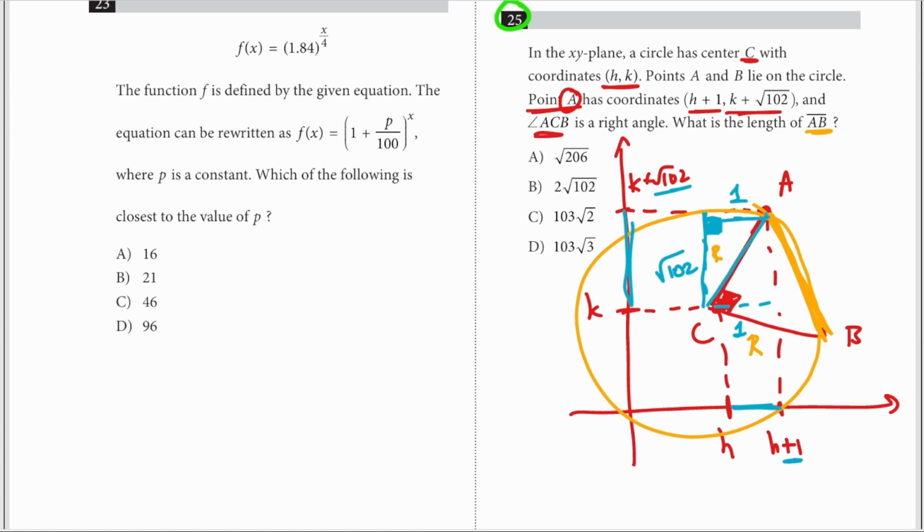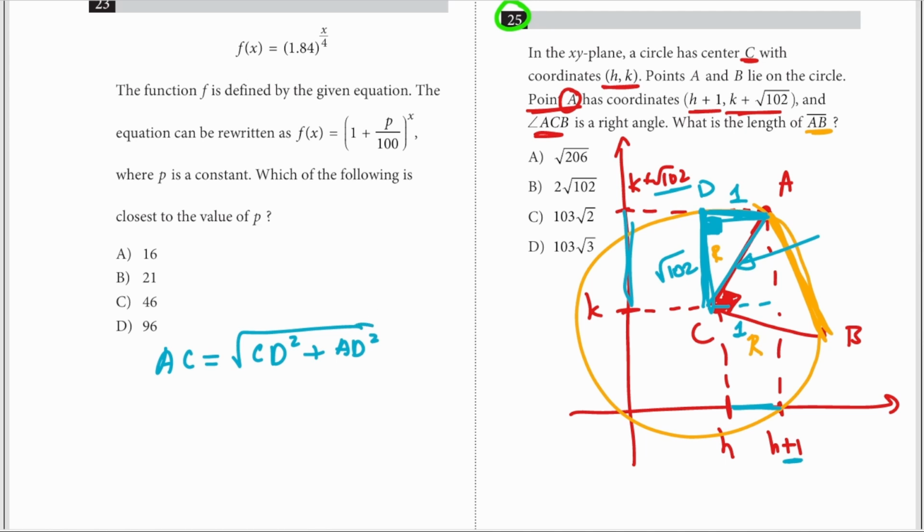And using Pythagorean to find specifically AC, let's call this point here D. So in order for us to find AC, AC is going to be the square root of CD squared, this side, plus AD squared, that side.